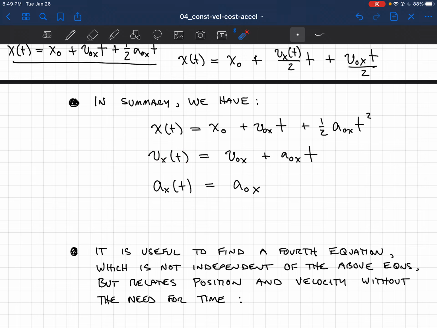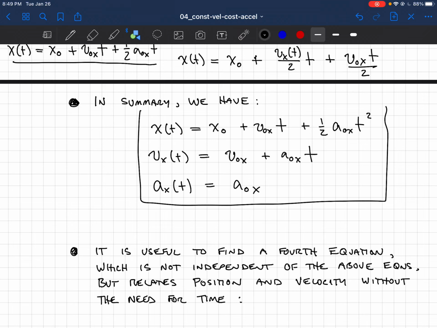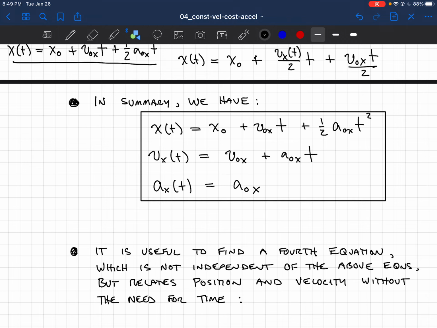It's like y is equal to mx plus b here. And then that implied this changing slope graph, which we now see is a quadratic, or a parabola. So x is a parabola in time. This is our set of constant acceleration equations.